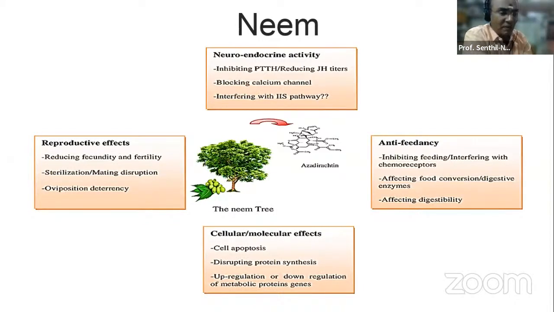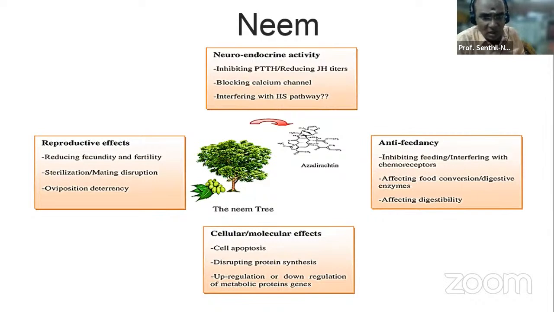Miniature insects develop from the egg, oviposition deterrence happens there, and anti-feedancy, including the insect sensilla getting affected, inhibiting fecundity and inhibiting feeding. Apart from that, feeding, food conversion, and digestive enzymes are impaired. So what are the cellular and molecular effects?